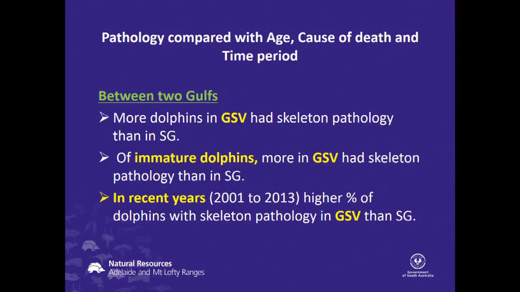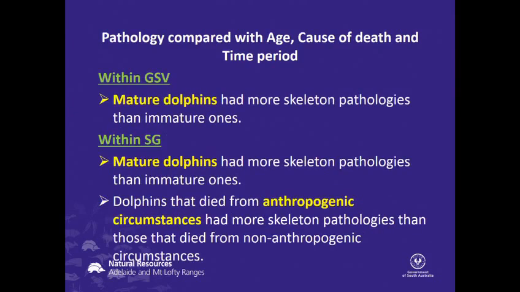In recent years, compared with the animals from earlier years, a higher percentage of dolphins showed pathologies in Gulf St. Vincent. And looking into the individual gulfs, within Gulf St. Vincent, mature dolphins have more skeletal pathologies.